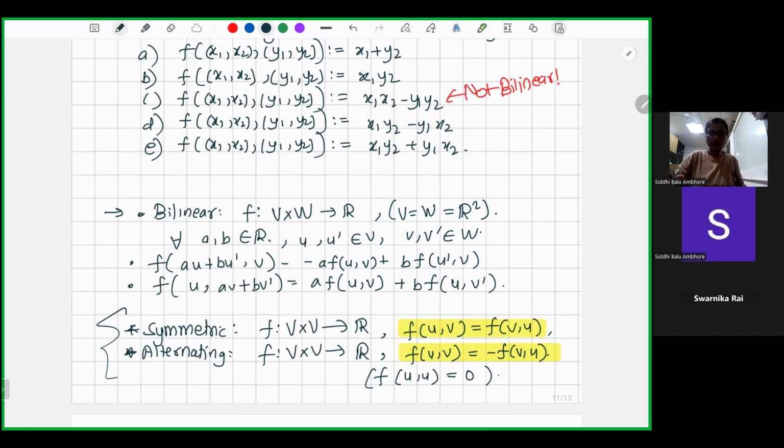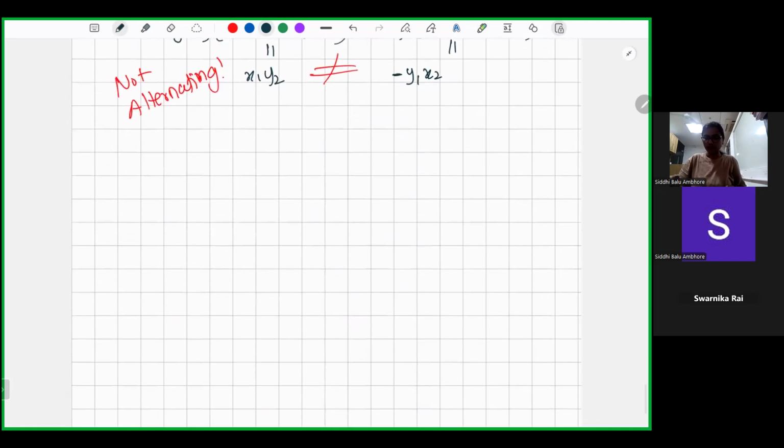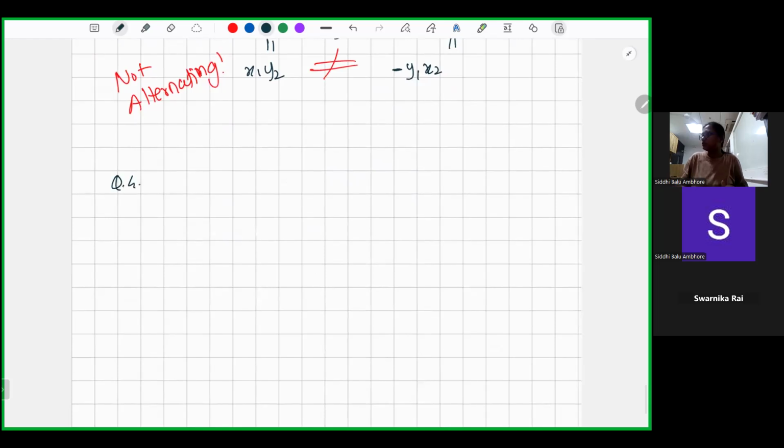We'll quickly go to this next question related to inversions, because I think it is question 4.